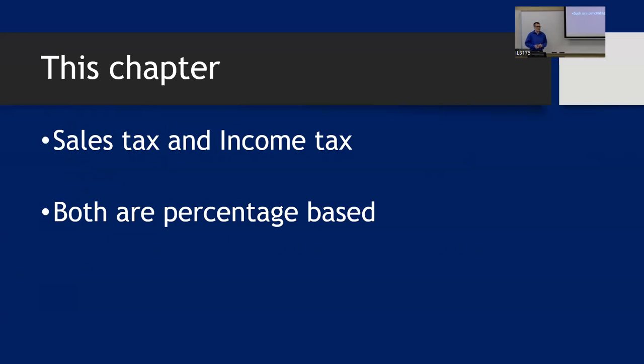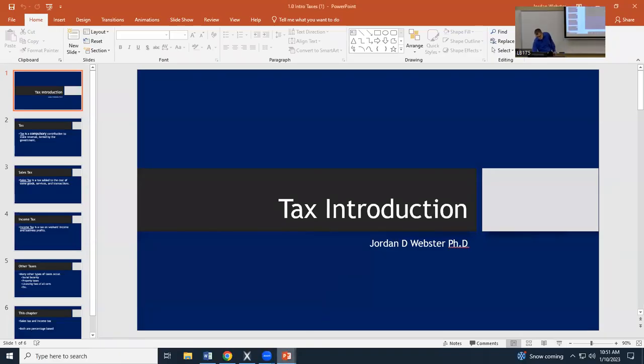Okay, so there's some interesting differences between sales taxes and income taxes. When you go to get a fishing license, everybody pays the same amount, basically. All right, there's like youth rates and veterans rates and all that stuff, but basically everybody pays the same amount. Whereas sales tax and income tax, those are percentage based. So we're gonna focus on those in this chapter. Okay.